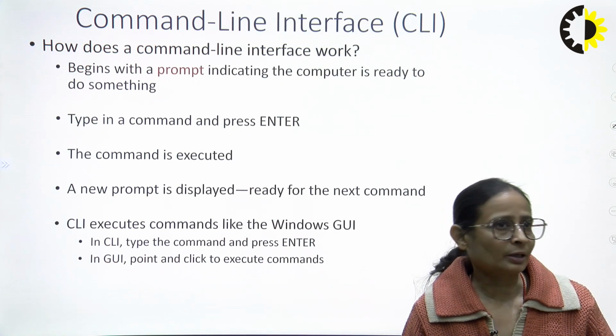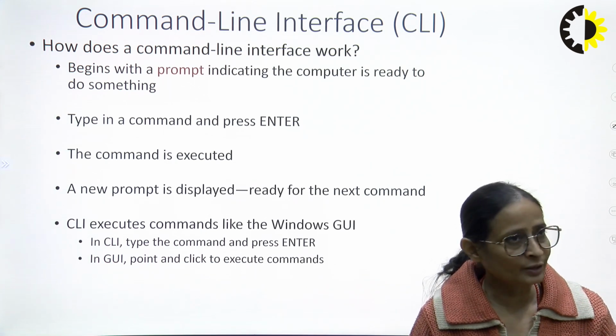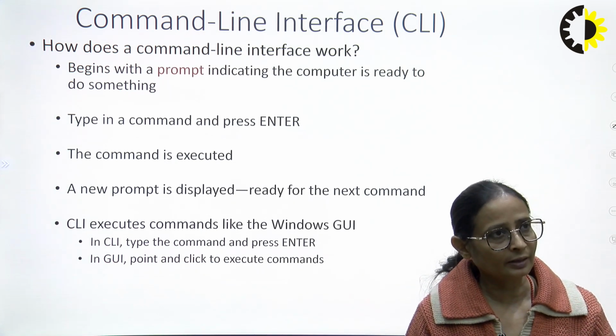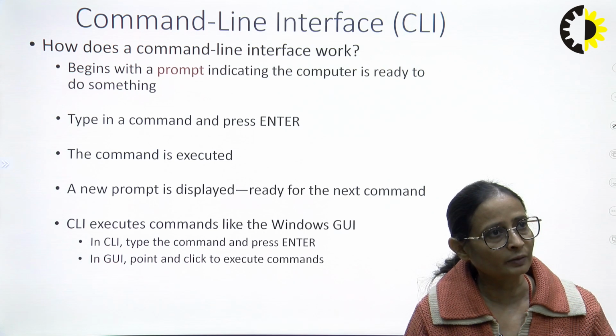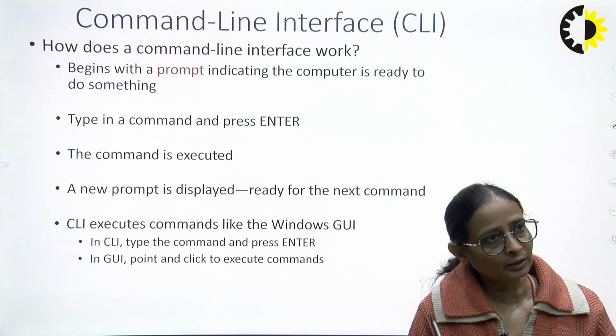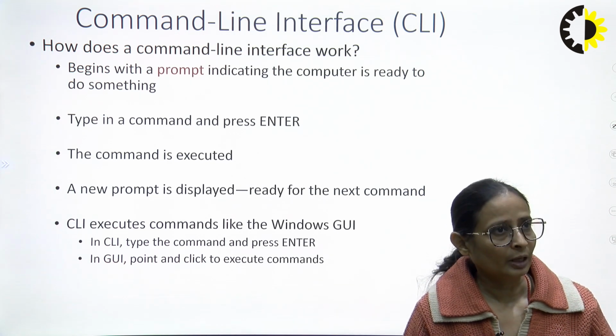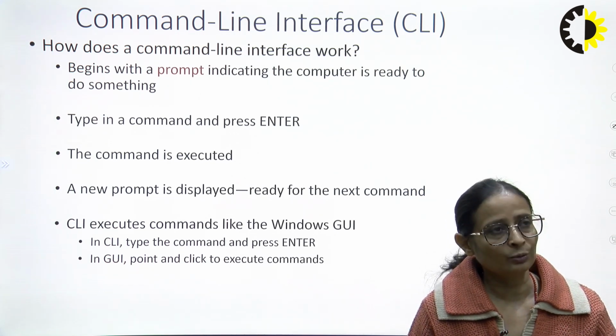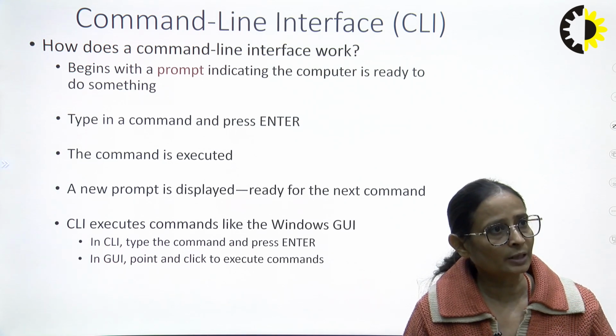So how does the command line interface work? It begins with a prompt. We will see in an example what the prompt means. Generally, it is a starting point where you enter the commands. When you get a prompt, it says the system is ready to take the next command.